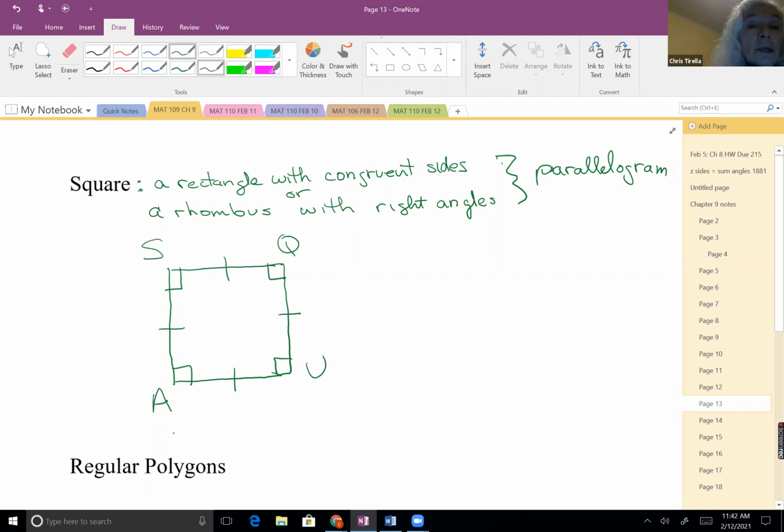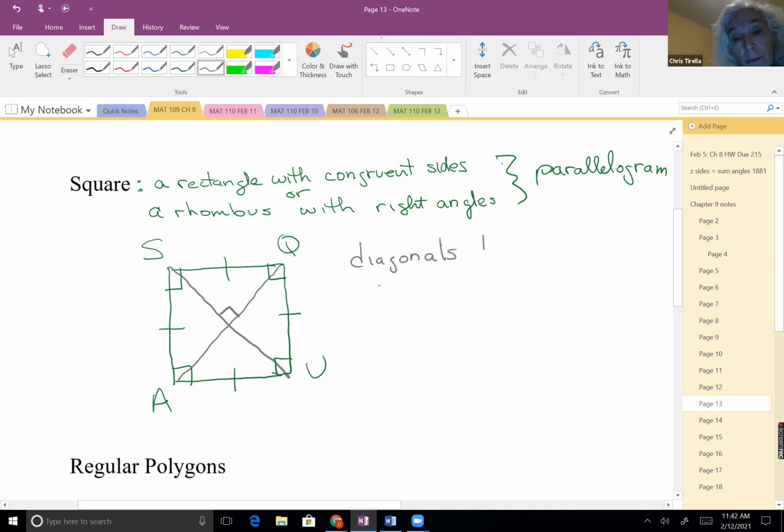Because it's a rhombus, the diagonals bisect the angles and are perpendicular. And because it's a rectangle, the diagonals are also congruent.